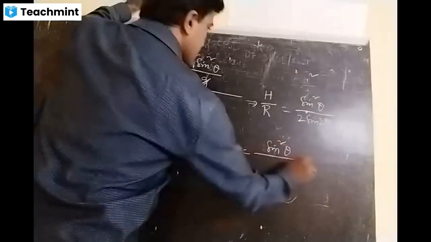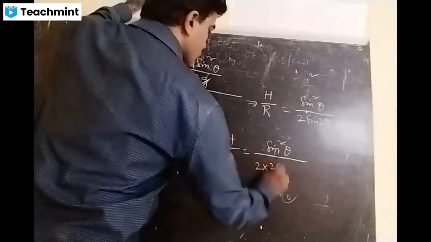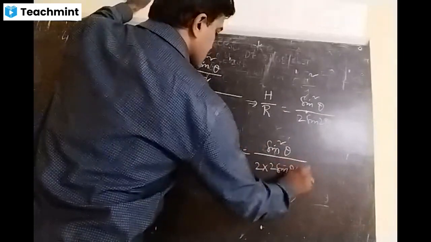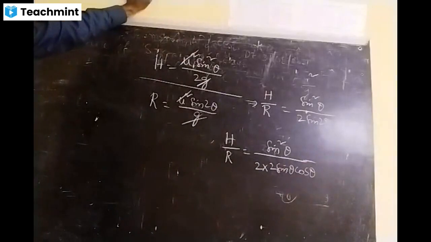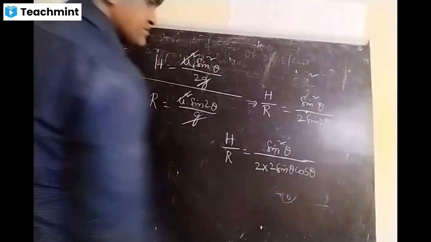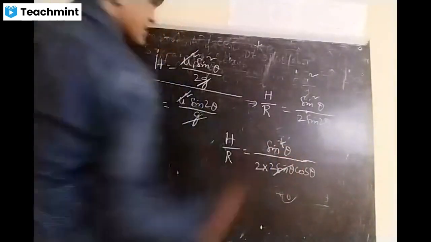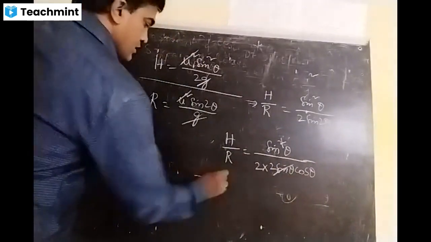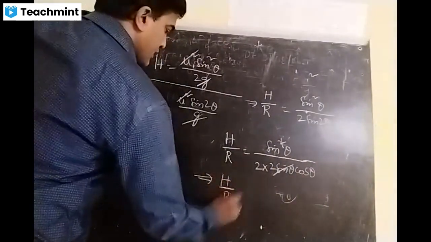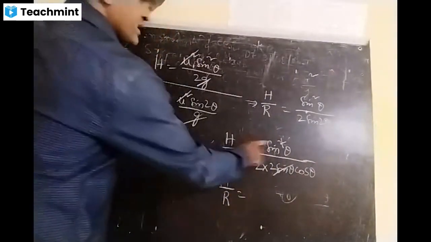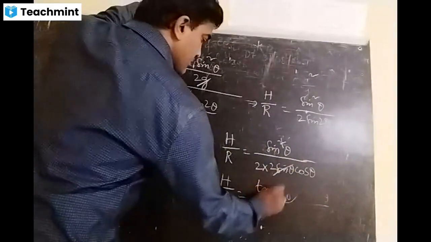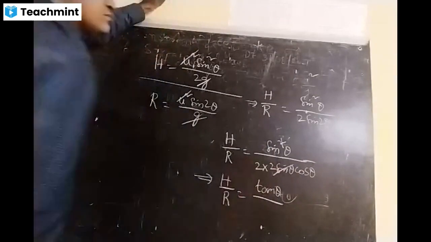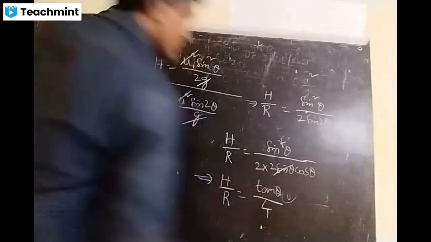So H by R is sin square theta by 2 into 2 sin theta cos theta. Now can I cancel any trigonometric function? Sin theta. H by R is equal to sin theta by cos theta, that is tan theta, by 2 into 2, which is 4.